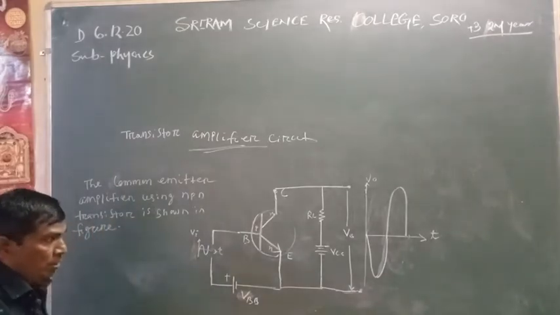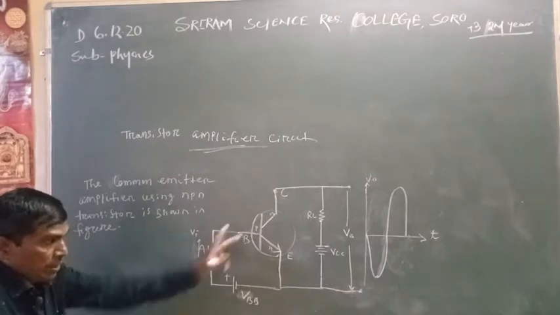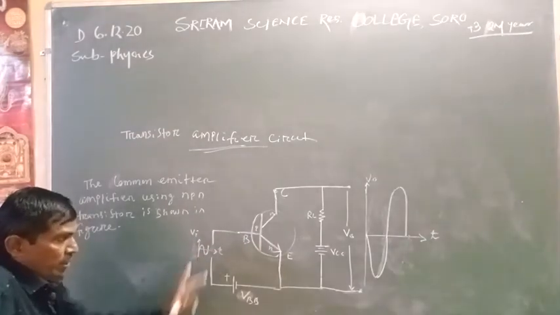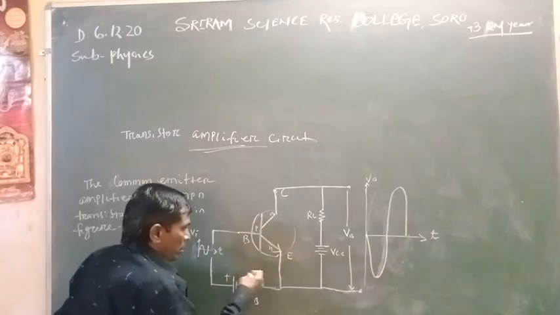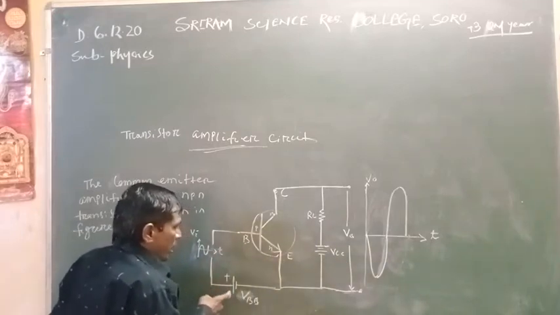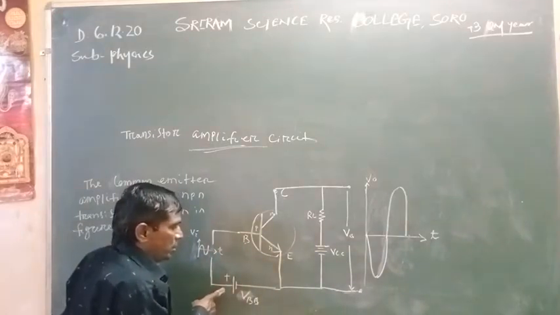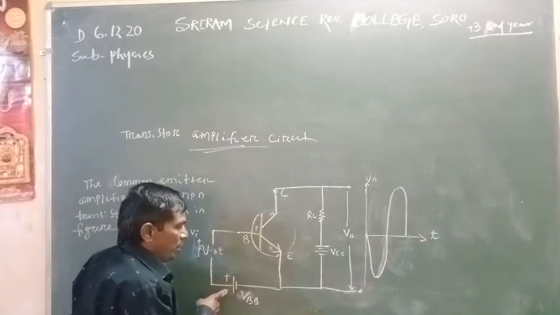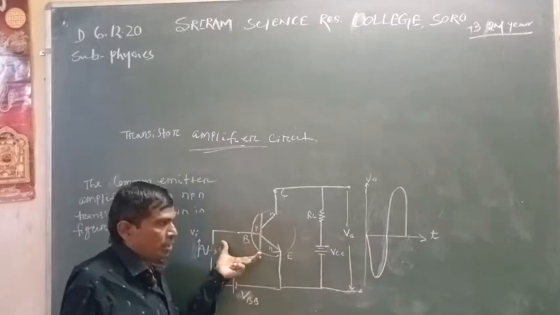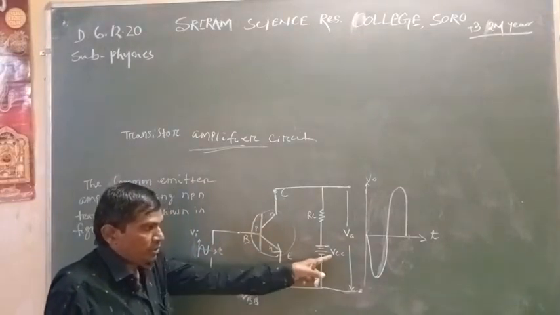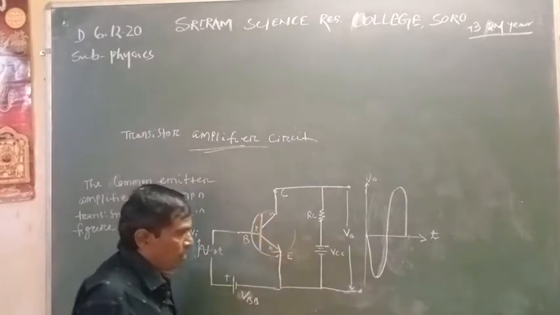Now this is the amplifier circuit, common emitter connection. Here we apply the voltage VBB, the base emitter voltage, to the base emitter circuit, and VCC is applied to the emitter collector circuit.